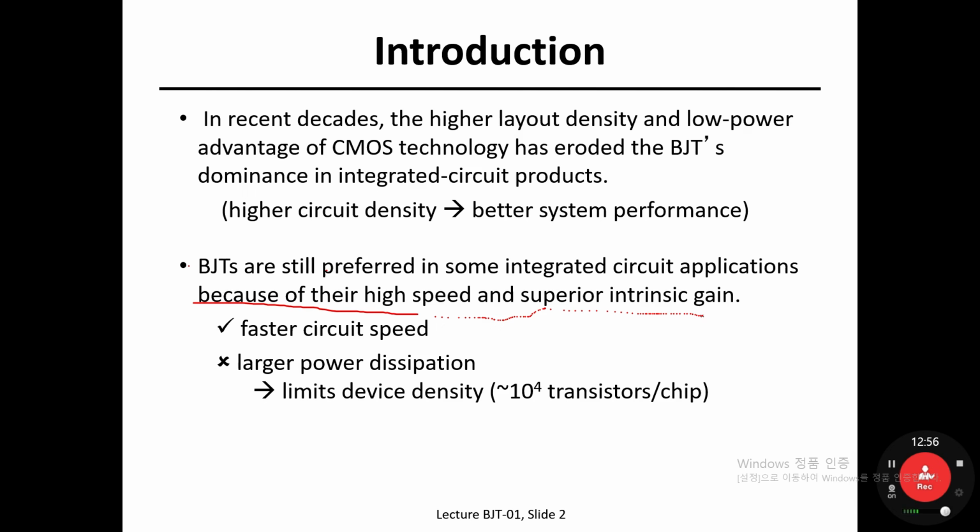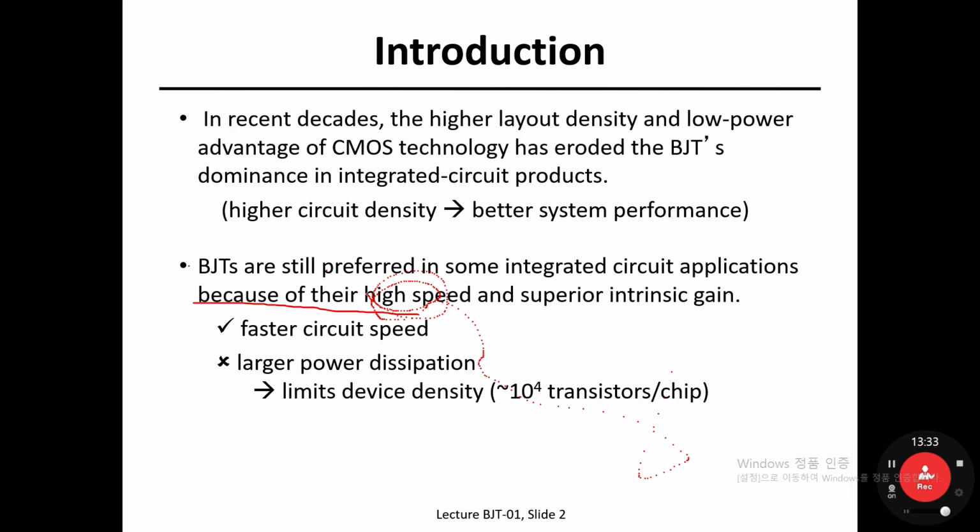Because a BJT can flow more current, it has better switching speed. All IC chips consist of resistors and capacitors, so it is a kind of series-connected RC network. For a given voltage, if you would like to implement a faster switching speed, then you should do a good job charging and discharging the capacitor in the series-connected RC network.